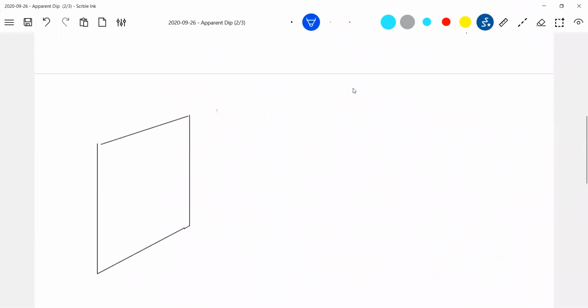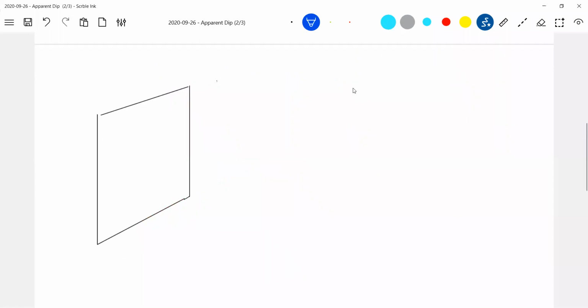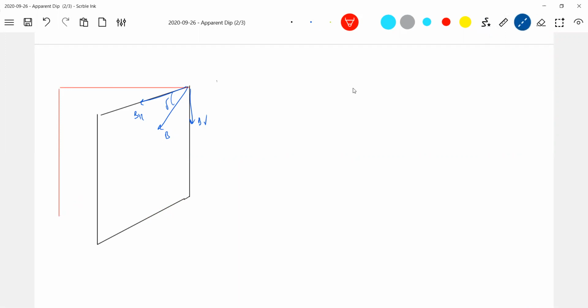Another diagram we have given in the books. So what is that? This will be the B bar. Then this will be BH, and there is a magnetic meridian and a geographic meridian. And this particular quantity is called dip, theta. So what is this? Geographic meridian.